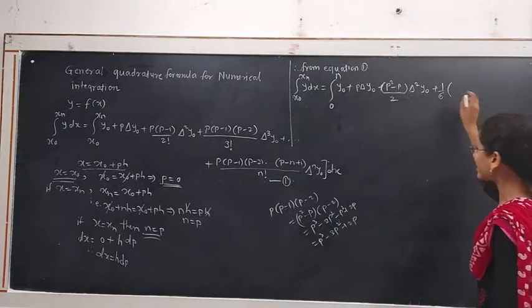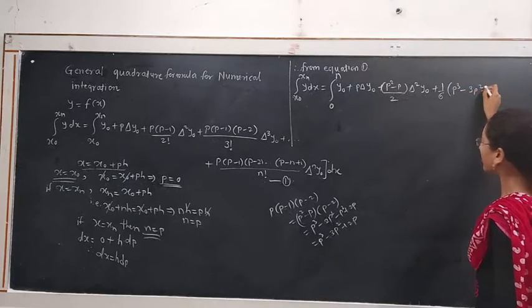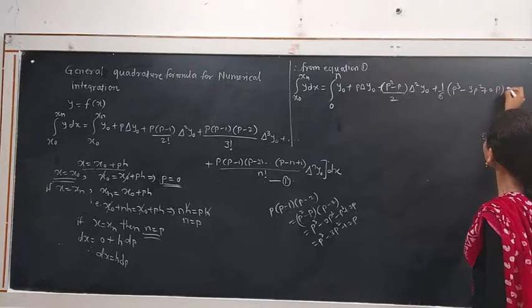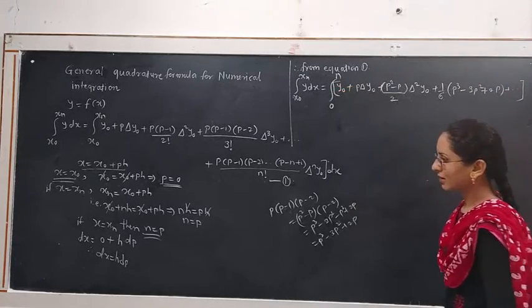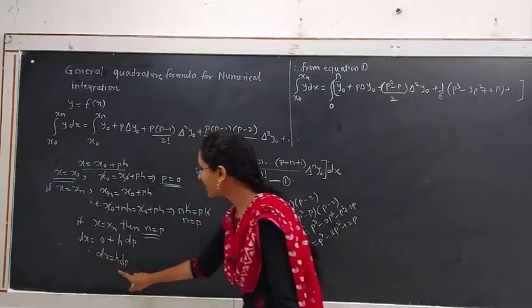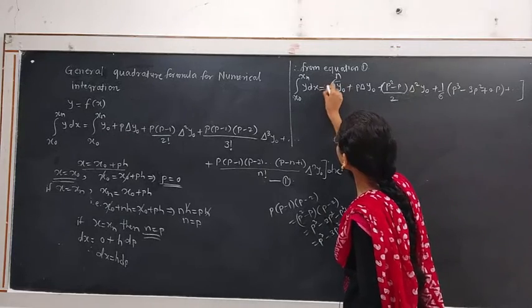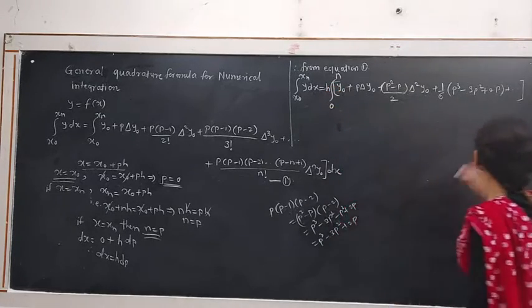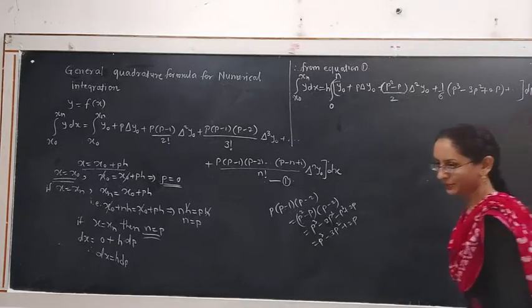Therefore, this bracket is p cube minus 3p square plus 2p plus so on, and integration with respect to p, where dx value is h into dp, but h is constant, so we can write h outside of this integration, and the integration is with respect to p, that means dp.